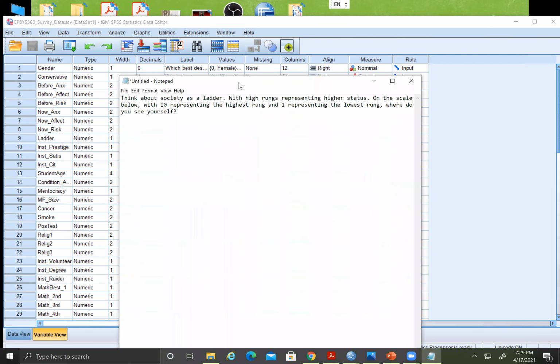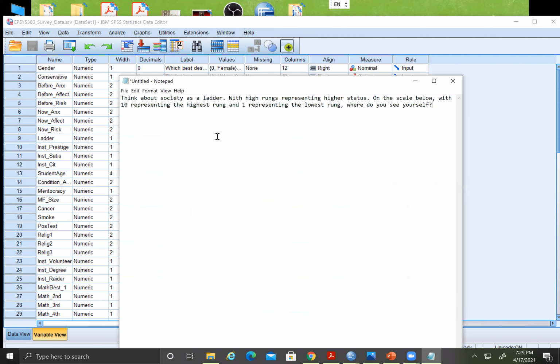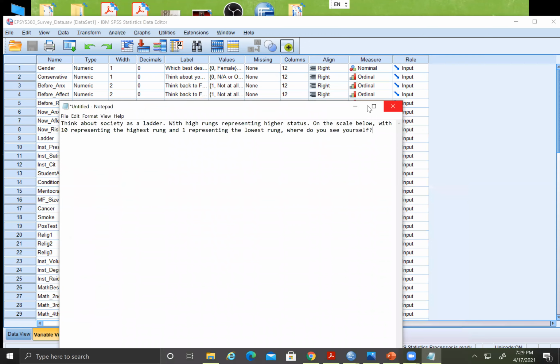But since I'm recording, it's difficult to do that, so I'm just going to copy the question here. Think about society as a ladder with high rungs representing high status on the scale below, with 10 representing the highest and 1 representing the lowest. Where do you see yourself? So society as a ladder, and then you rate yourself from 1 to 10.